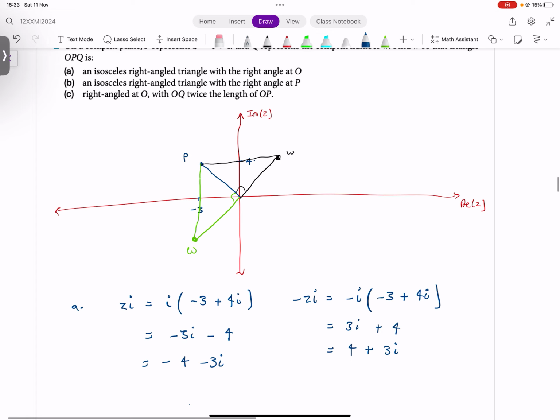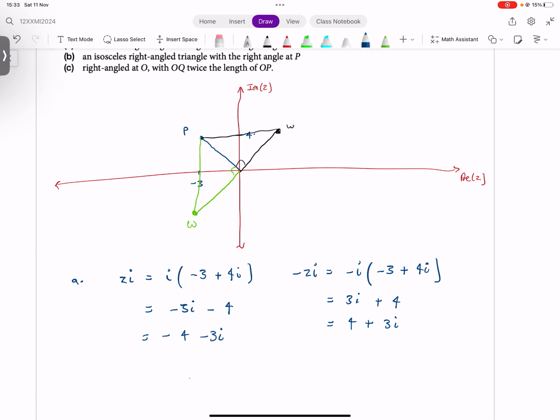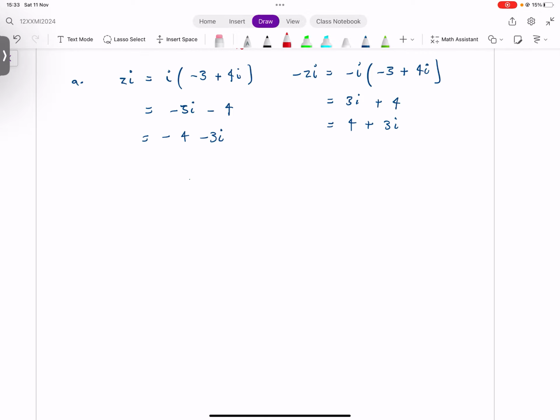Okay, part B says an isosceles right-angled triangle with the right angle at P. Let's have a go at drawing that again.